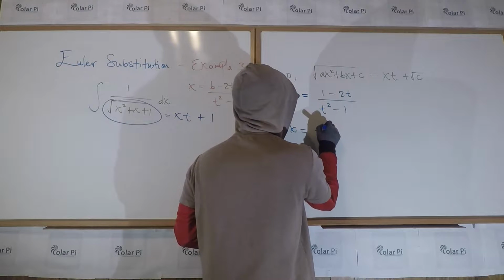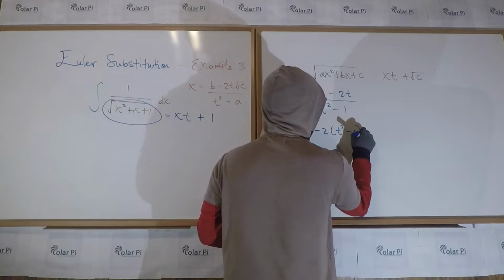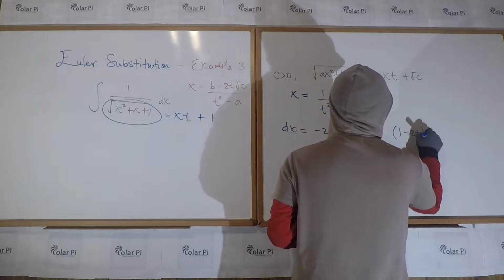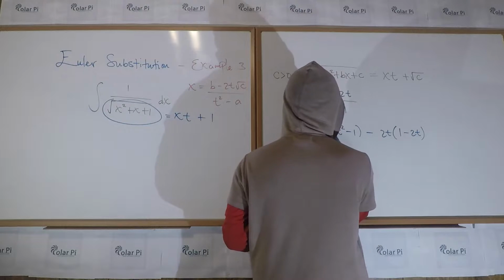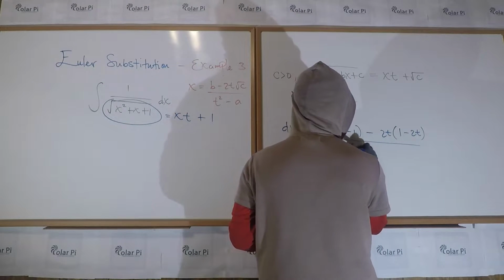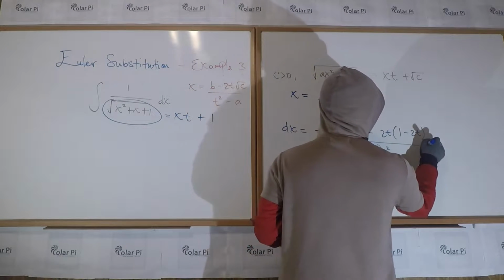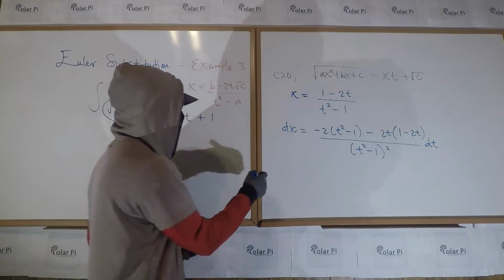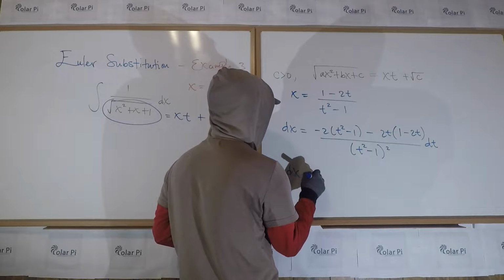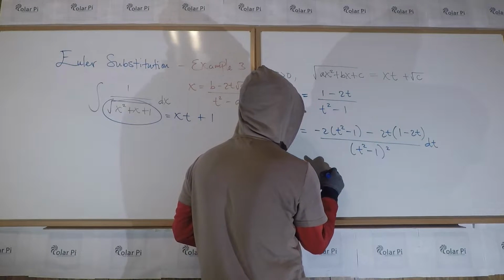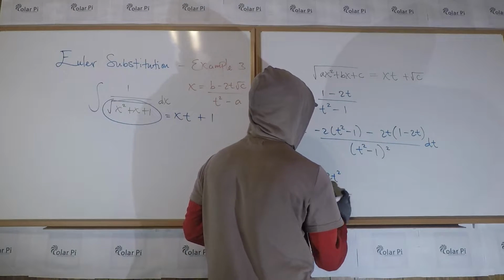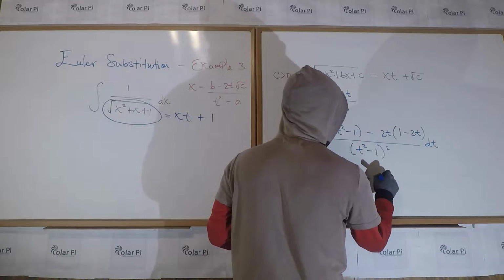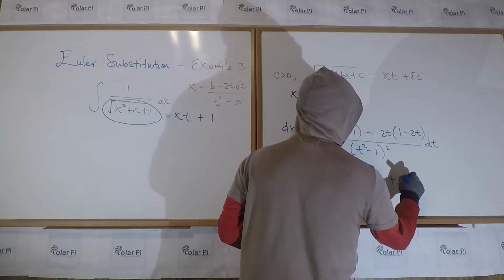So that's minus 2 times... fairly straightforward. And so dx will have to equal minus 2t squared, and then plus 2, and then minus 2t plus 4t squared.